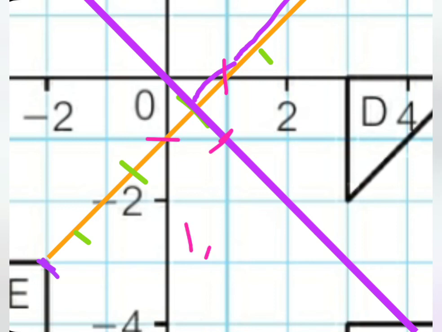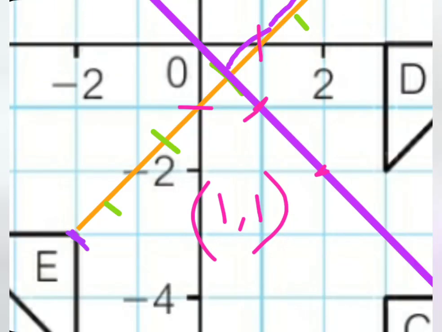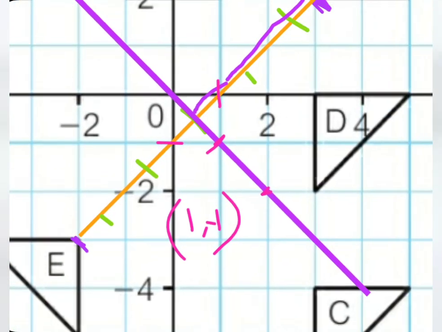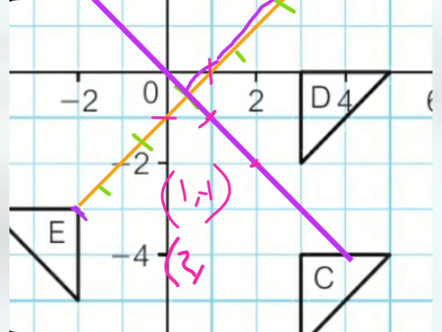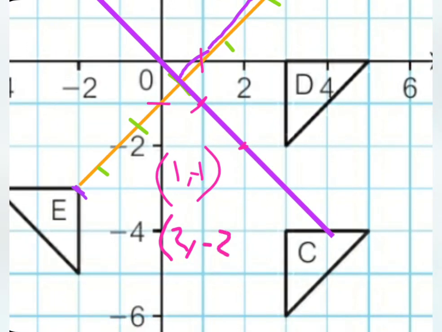So it's 1, 1. Let's take this point. Good. I'm sorry, -1, yes, here. The y is -1. This point is 2, -2, good.